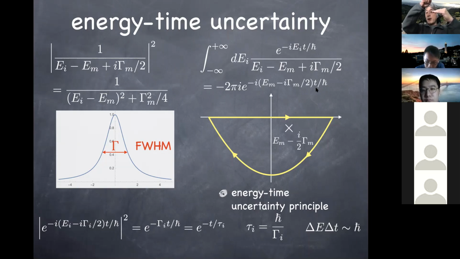Then from that point on, the 2p state would only decay exponentially. And that's the behavior you identify just by going back to the time domain of this complex amplitude of the scattering. And as I said, this is the manifestation of the energy-time uncertainty principle. Okay, any questions about this?